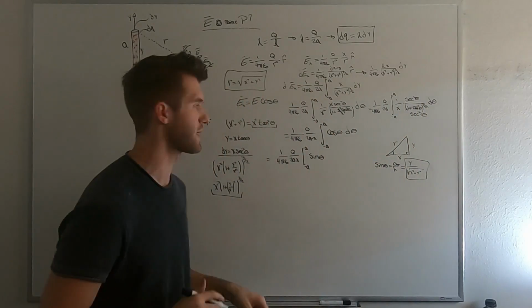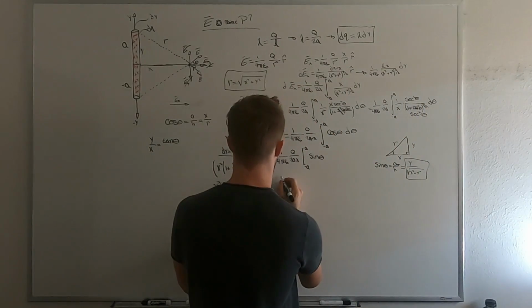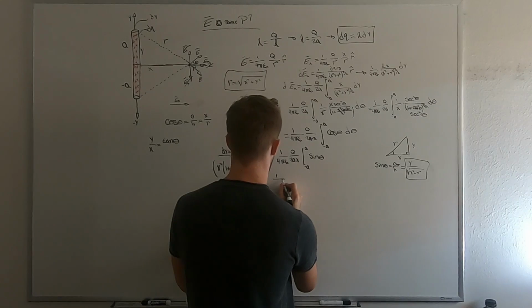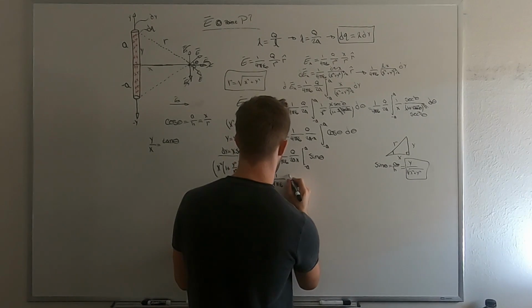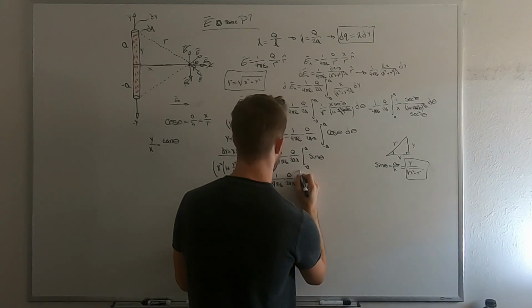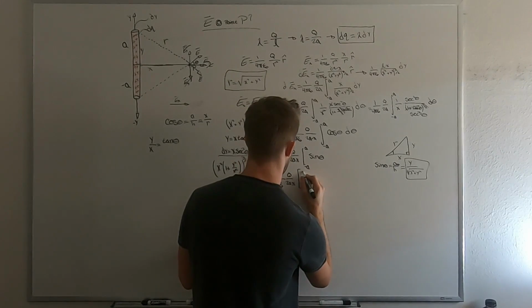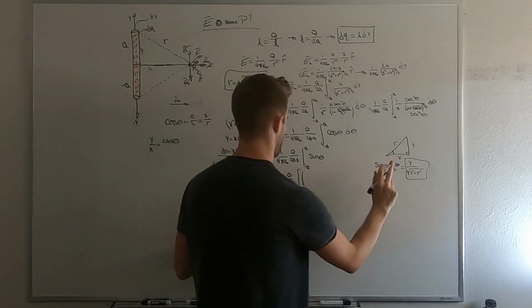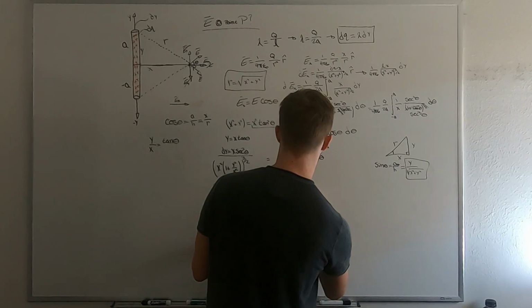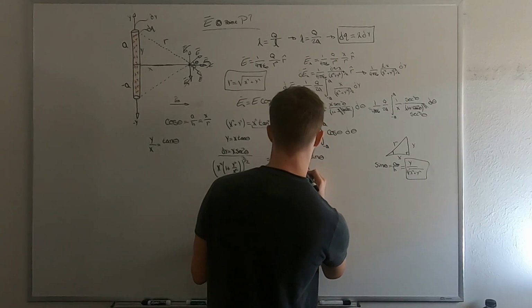So let's just plug that back in here, right? So we're going to have 1 over 4 pi epsilon naught times q over 2a x, and that's all going to be here. So we're going to have still our limits of integration, so negative a to a.